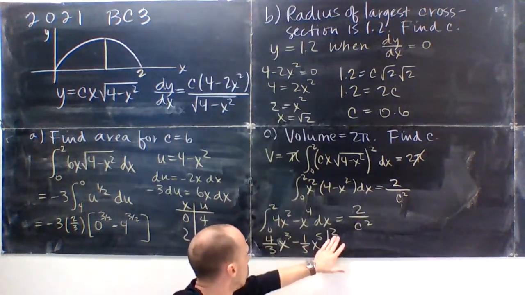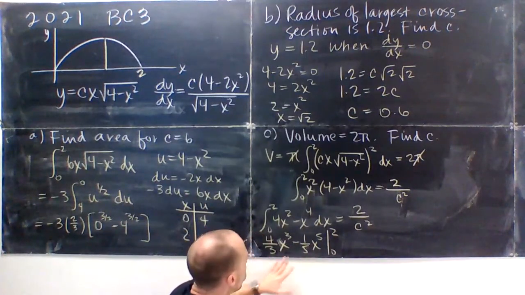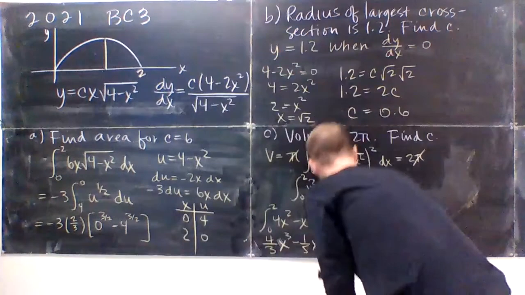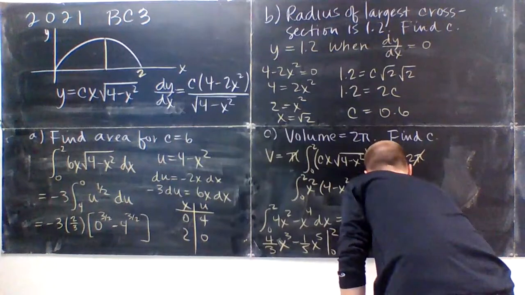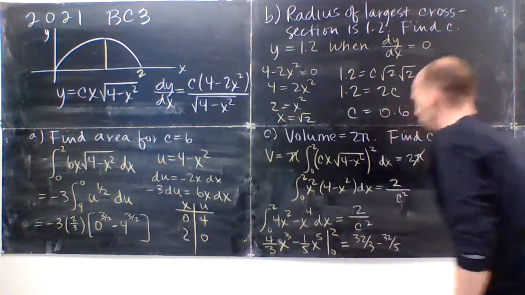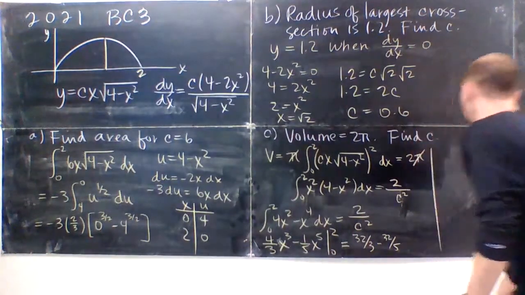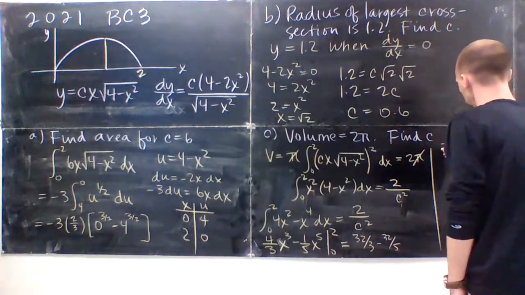Well, that's going to be 8 times 4 is 32 over 3 minus 32 over 5. All right. That's too bad.